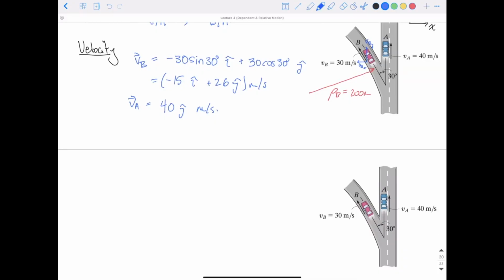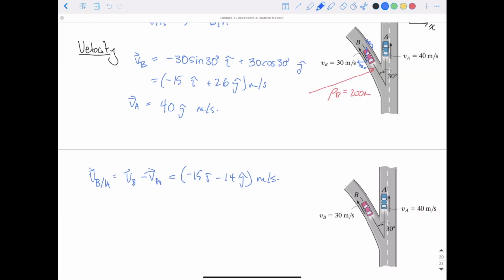So if we have our absolute velocities b and a, we can now find vb with respect to a, so it's our absolute velocity of b minus our absolute velocity of a. And I'll just write that as equal to minus 15 I minus 14 j meters per second.